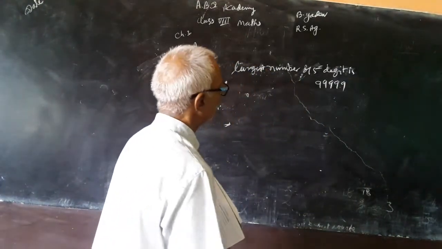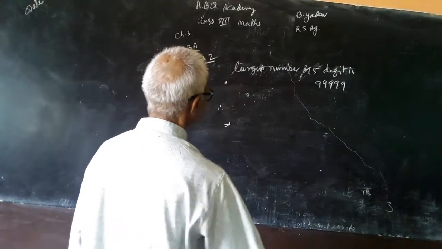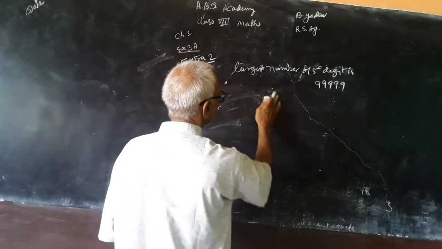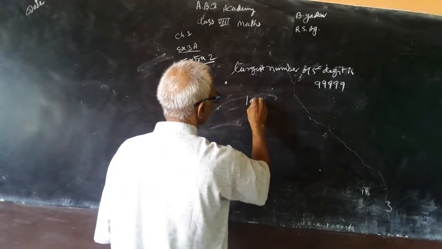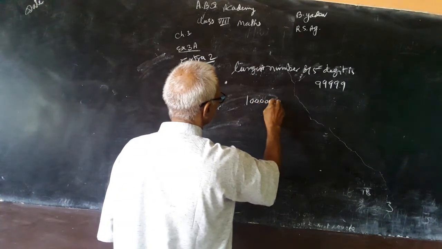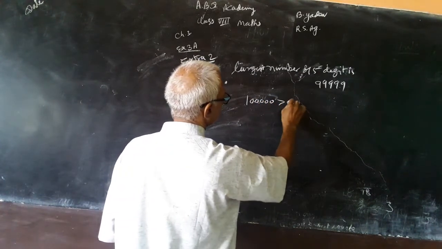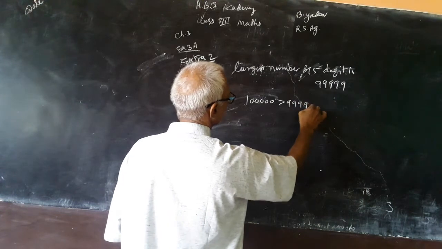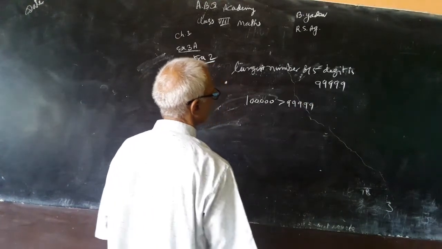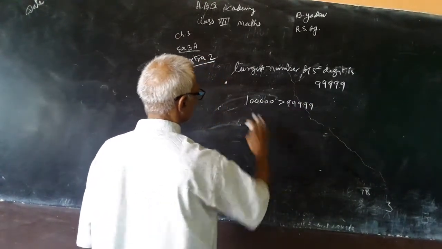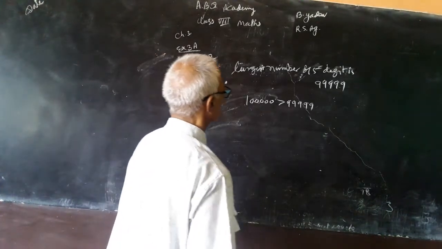If you go ahead to it, it is 1 followed by 5 zeros, which is greater than 99999. Here are 5 places, there are 6 places, so it is greater.